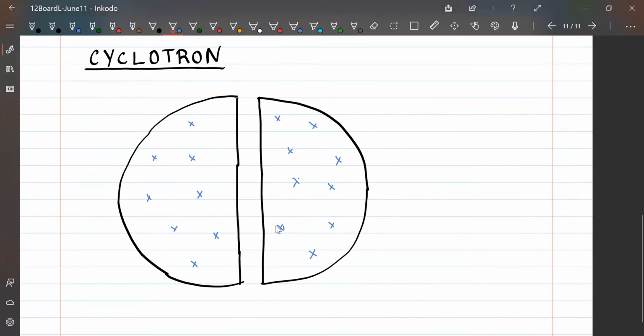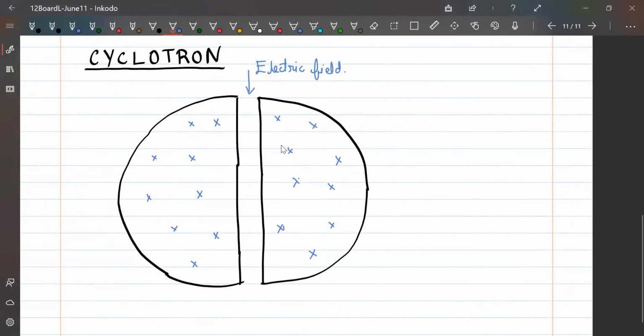In this region there is no electric field, and between the Ds there is a region of electric field.